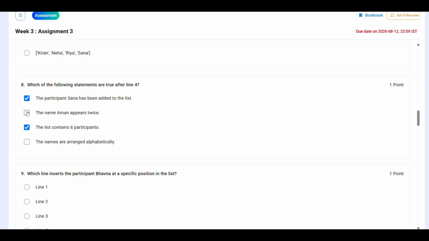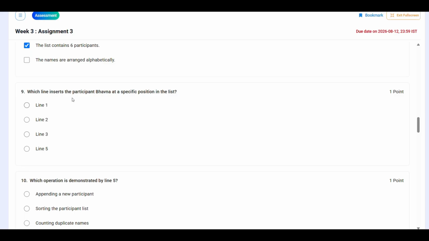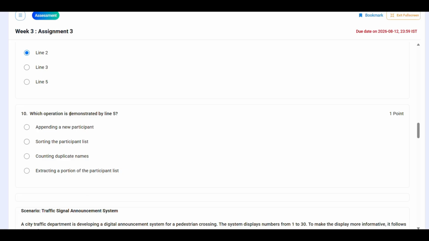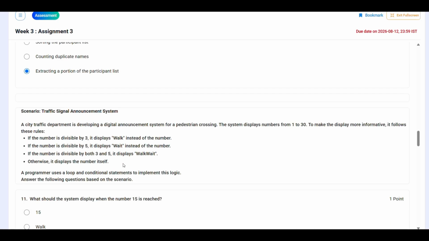This is also true. So these three are true. Which line inserts the participant Bhavana at a specific position in the list? Line 2 is correct. Then the 10th one: which operation is demonstrated by line 5? The last option, extracting a portion of the participant list.